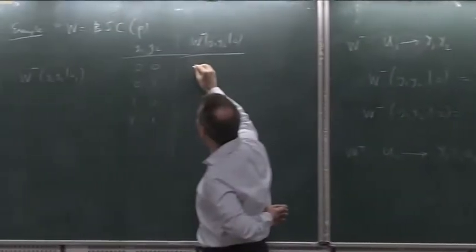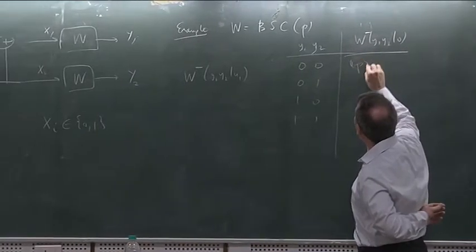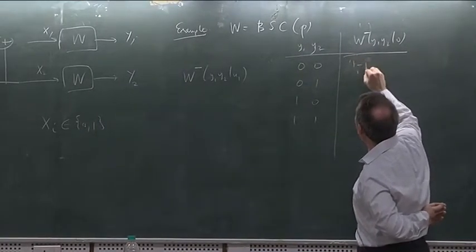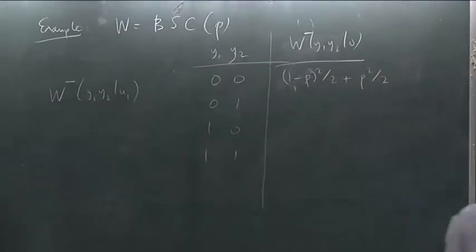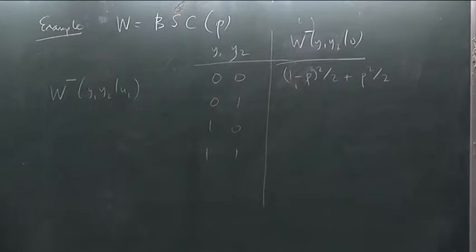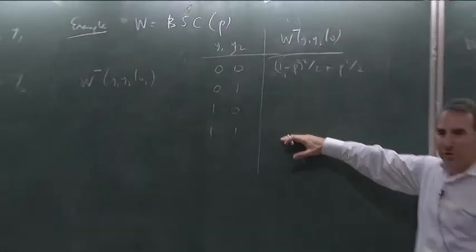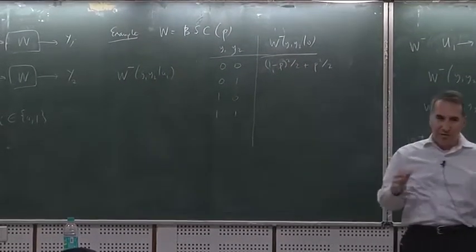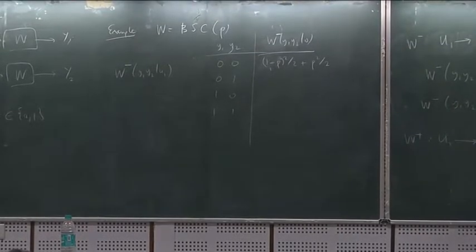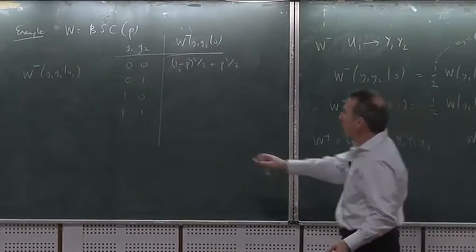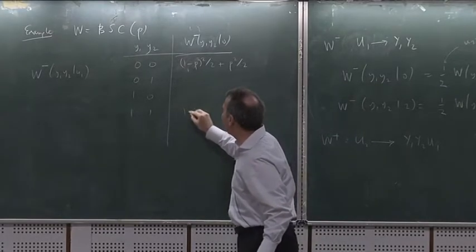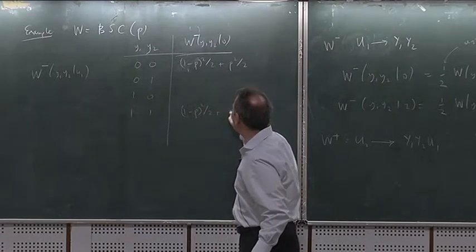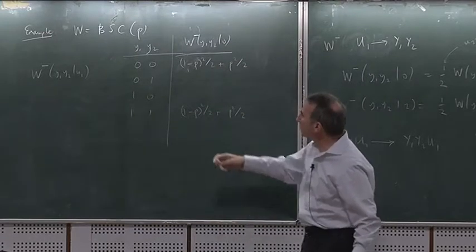Either no channel has flipped at all, 1 minus p squared, or both channels flip. Okay, that's the only possibility of this happening. The same thing, by the way, for 1, 1. So if 0 is sent as u1, x1, x2 are either 0, 0 or 1, 1. If they're 0, 0, here you'll get p squared over 2 plus 1 minus p squared over 2. So this is the same value as above. So we get these. Okay.